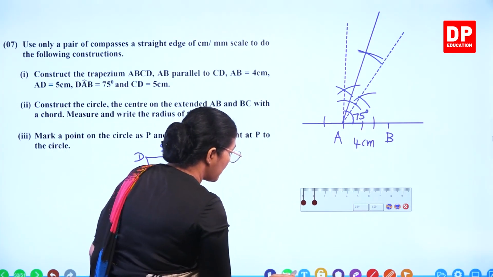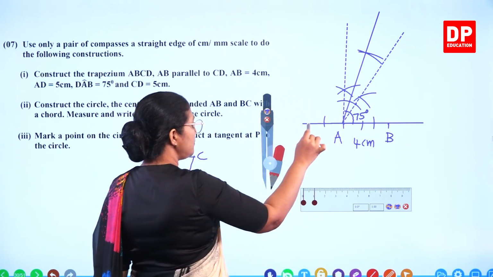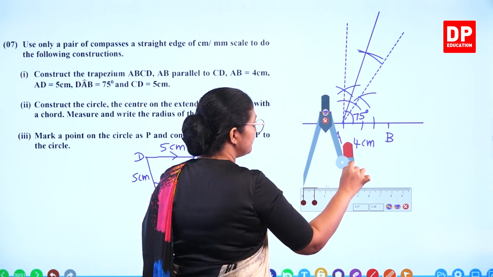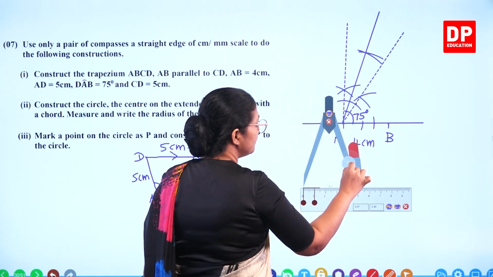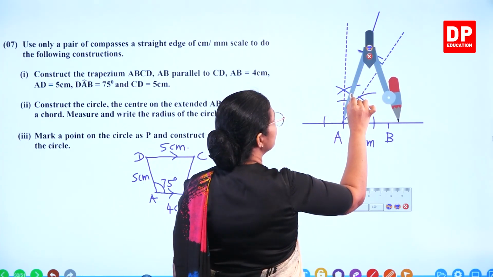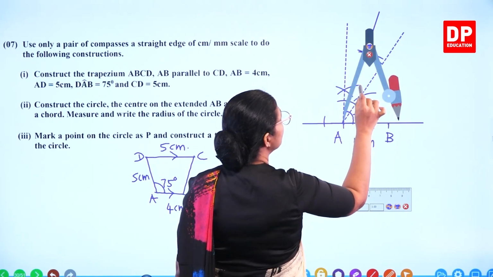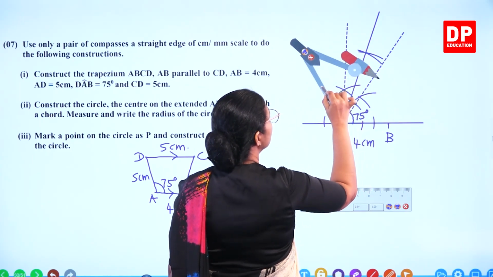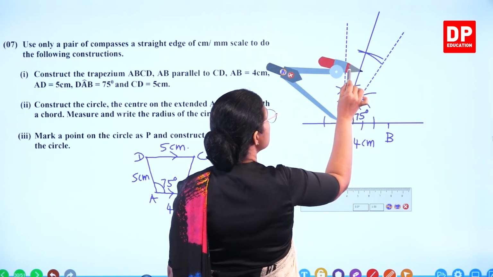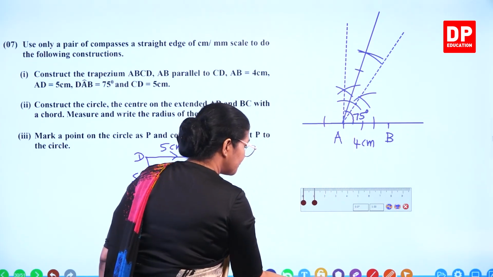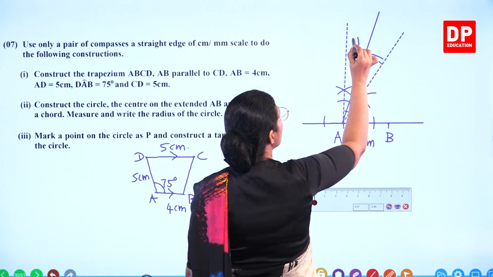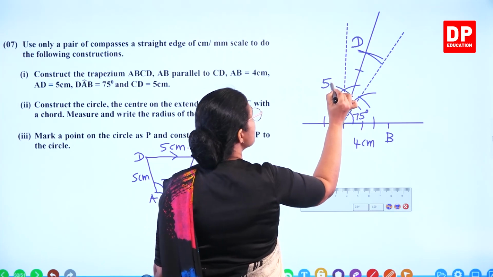So you can take the compass, 5 centimeter length, and you can mark from A. This point is D. This is 5 centimeters.